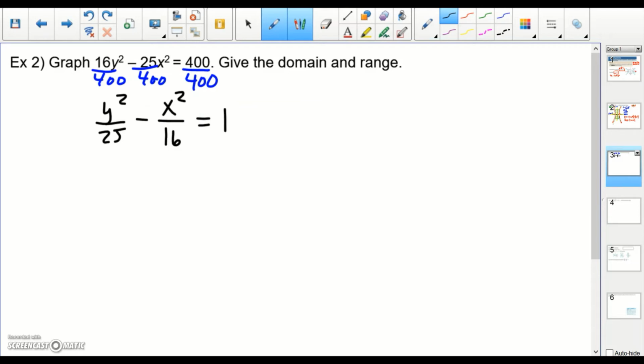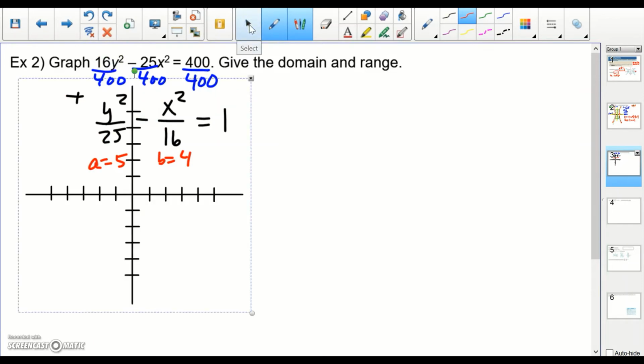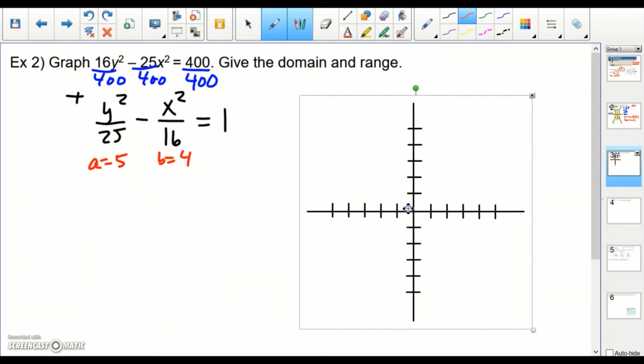Since the y term is the positive term, this tells me that we're going to go in the y direction. So we can see that the a number is 5 and the b number is 4. So we're going to draw this.